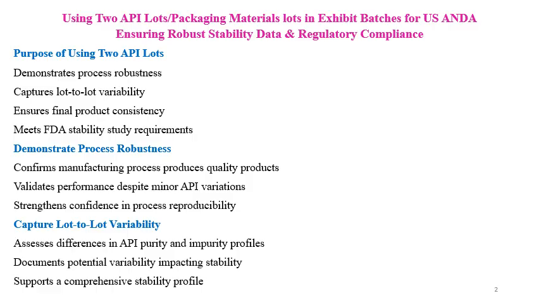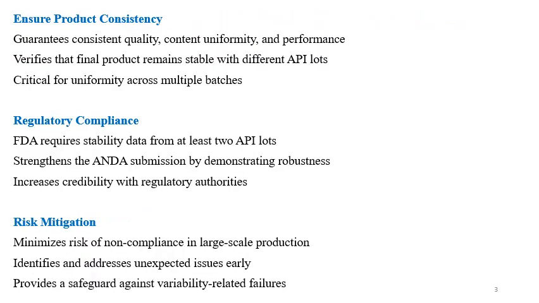It is required to document potential variability impacting the stability, and using different lots supports a comprehensive stability profile. It ensures product consistency, guarantees consistent quality, content uniformity, and performance, and verifies that the final product remains stable with different API lots.